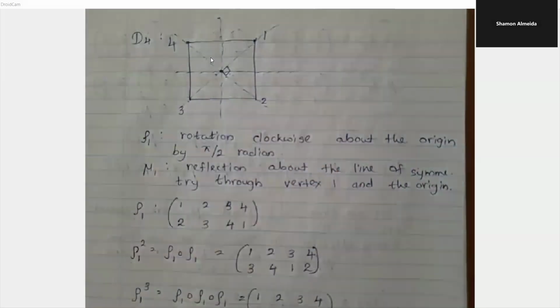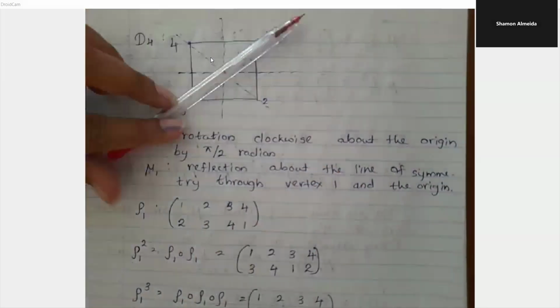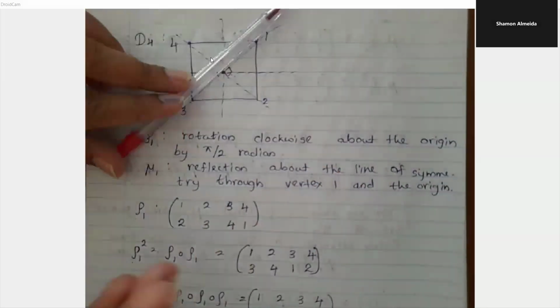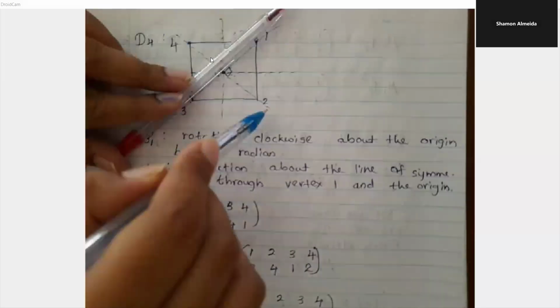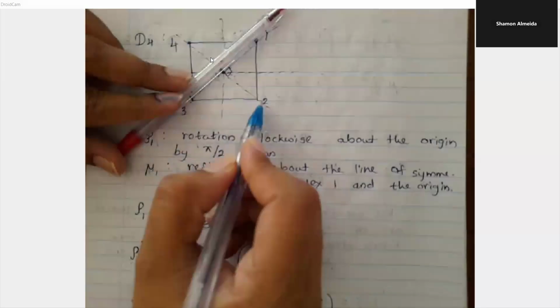This is the line of symmetry. First, I will take the reflection about this line once. So when you reflect it, 2 will go over here, 4 will be here. At this one reflection, when you take mu1, instead of 2, you have 4 here, and instead of 4, you have 2 here.